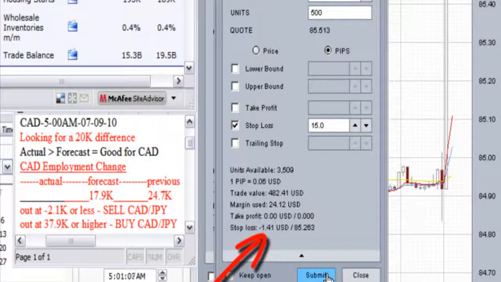The broker spread has returned to a negative $1.41.